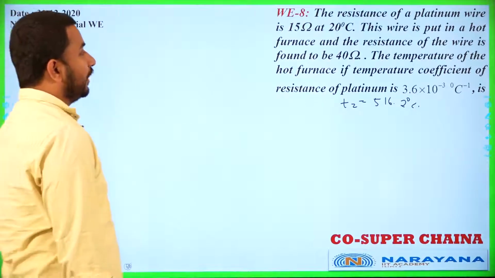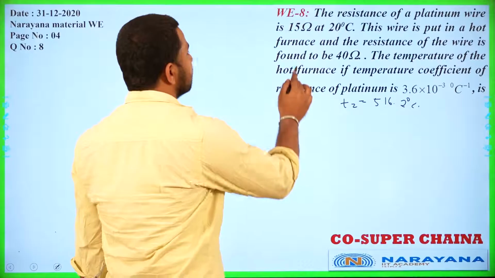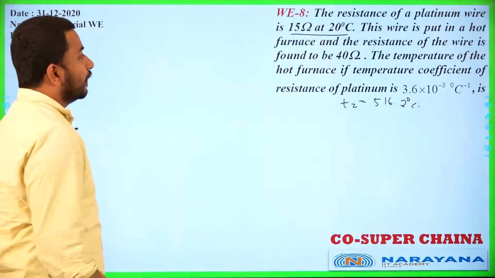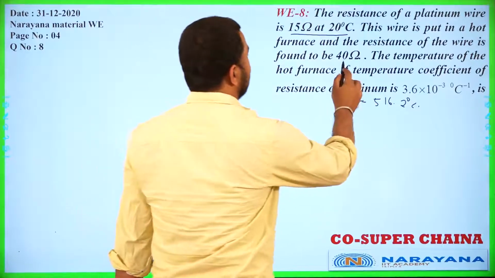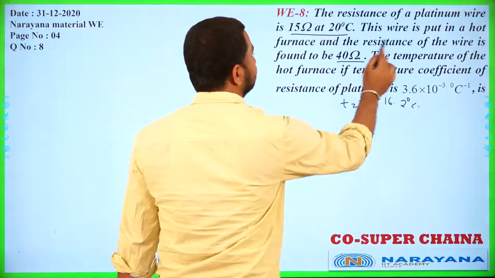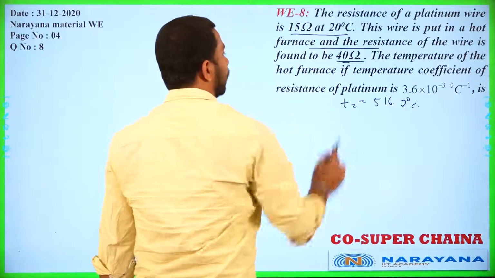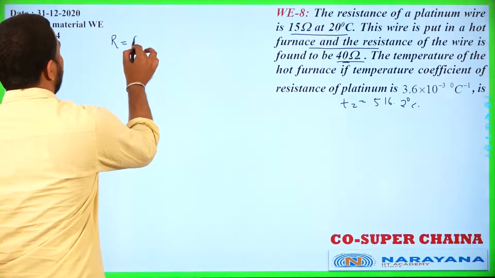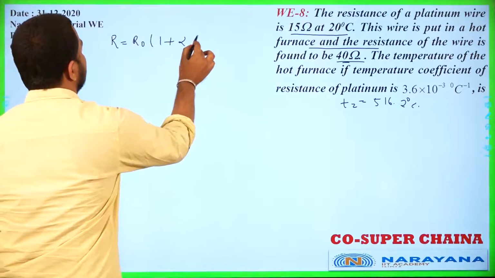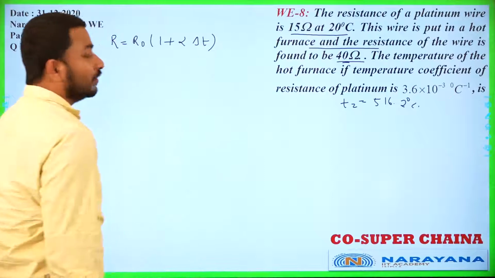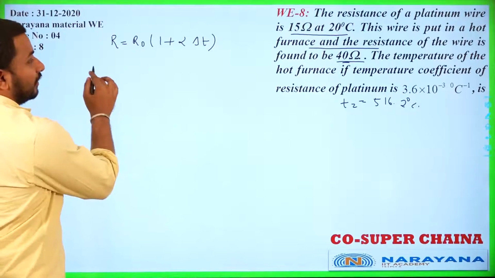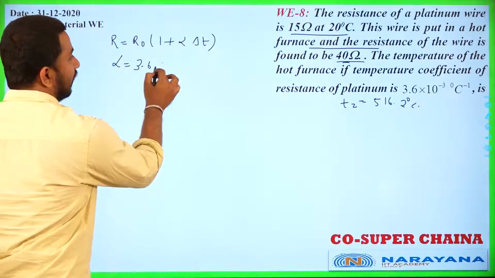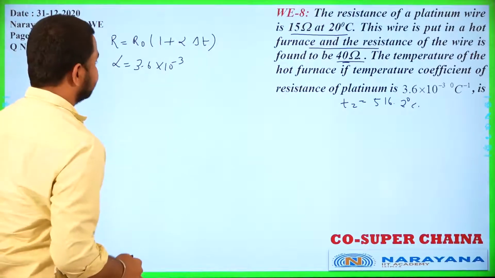Yes, now here the resistance of a platinum wire at 20 degrees is 15 ohm, and the wire is put in a hot furnace and the resistance is found to be 40 ohm. So we know R is equals to R naught (1 plus alpha delta theta). Now in the question alpha is given as 3.6 into 10 to the power minus 3.